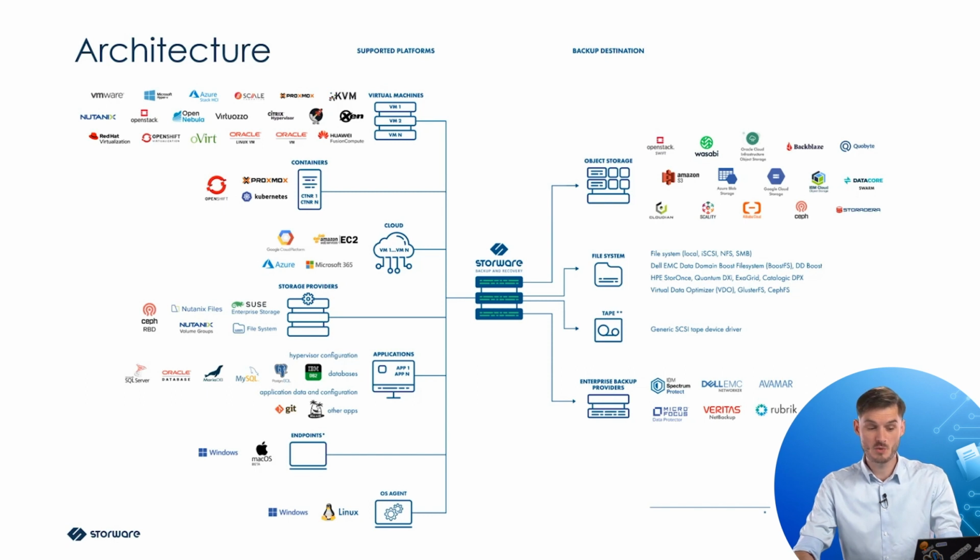This is the platform which Storware backup and recovery can protect. On the other hand, you can easily see the backup destination, so the places where you can store and save your backups, also divided into several sections, such as object storages, file system, tapes, and enterprise backup providers.